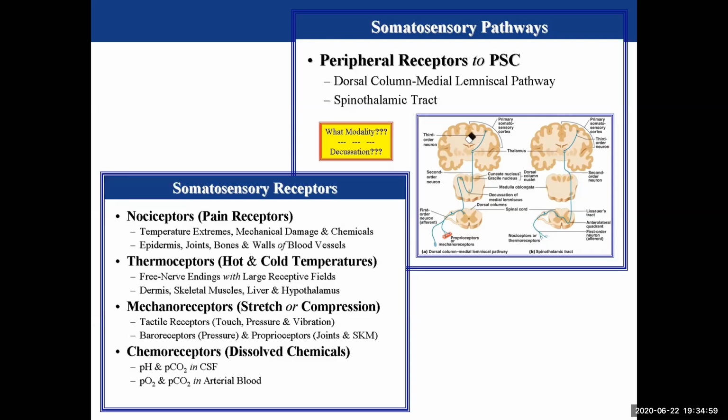Moving on to here, the single most important pathway is the spinothalamic tract. Let's break down this term, spinothalamic tract. Spino means the pathway begins in the spinal cord.